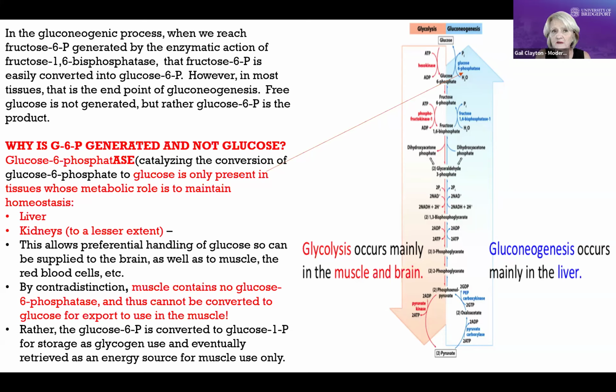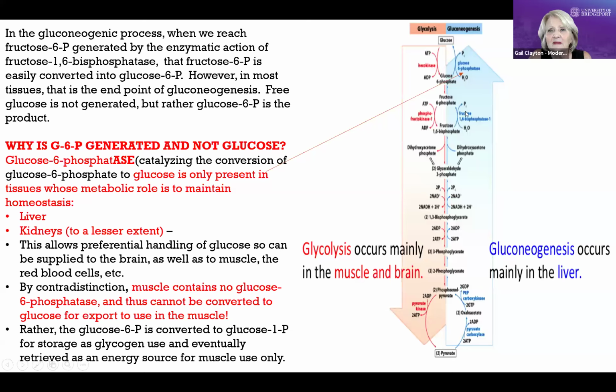up glucose, okay? So in the gluconeogenic pathway, let's look real closely here. This fructose 6-phosphate is made by the enzymatic reaction of fructose 1,6-phosphate here, okay?